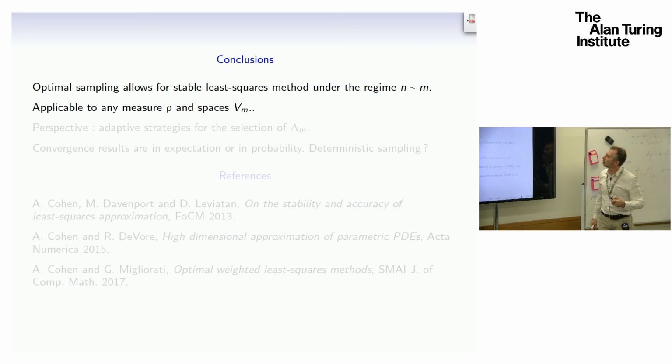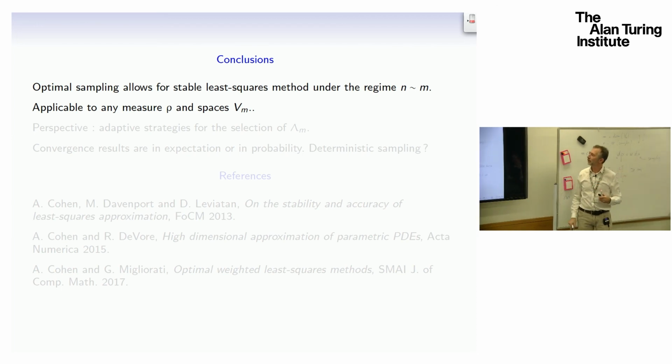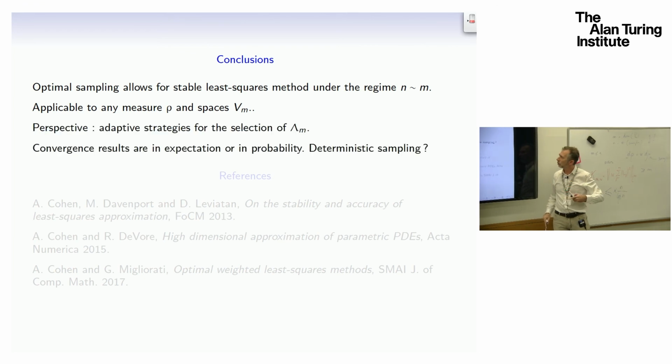Okay, I'm basically done. And I see that I have no more battery, so I really should finish. So this is the take-home message. You can do this for any measure and space. You want to use this now for the selection of Lambda_m.